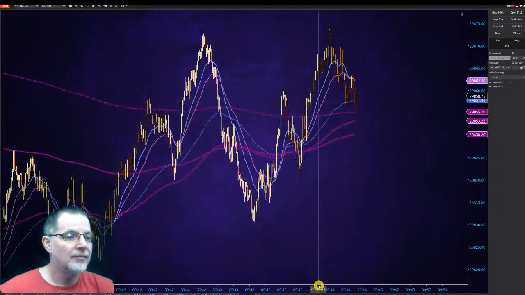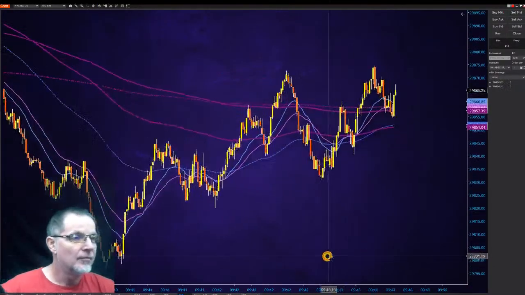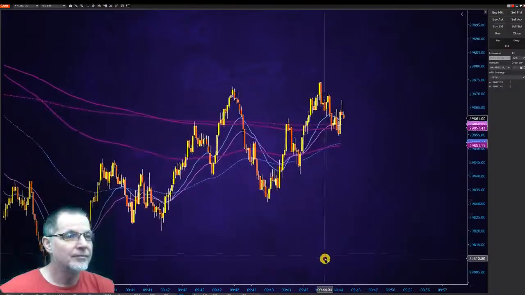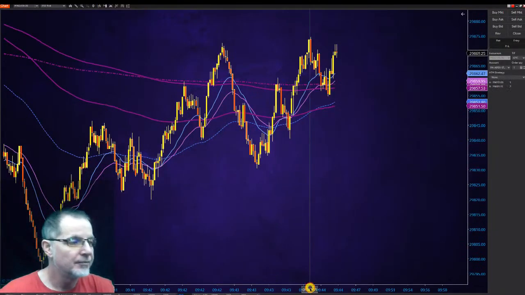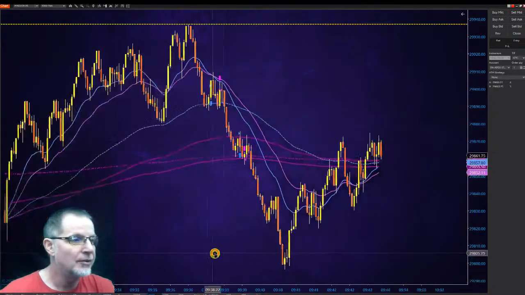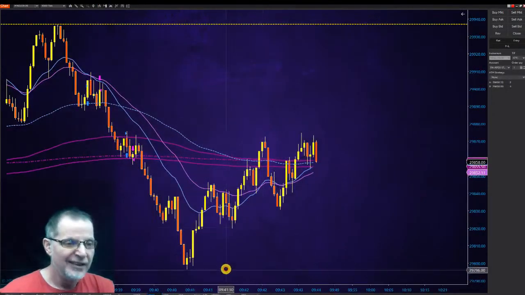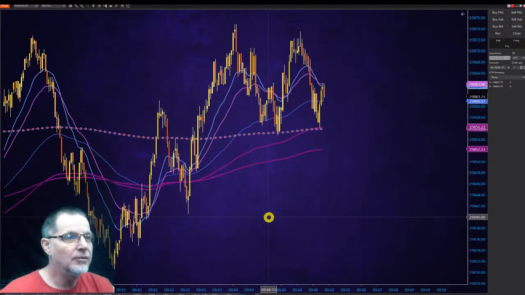Too flat. This is a 100 tick chart. Too flat. Can't do anything with it right now for this particular strategy. Too flat. What's the 1,000 doing? Too flat. This is almost ready.